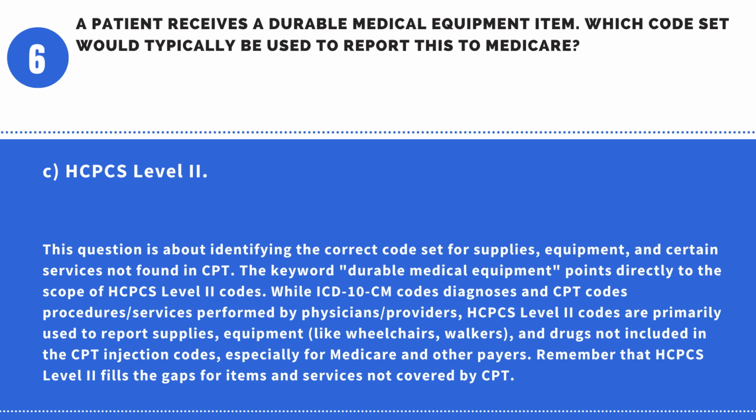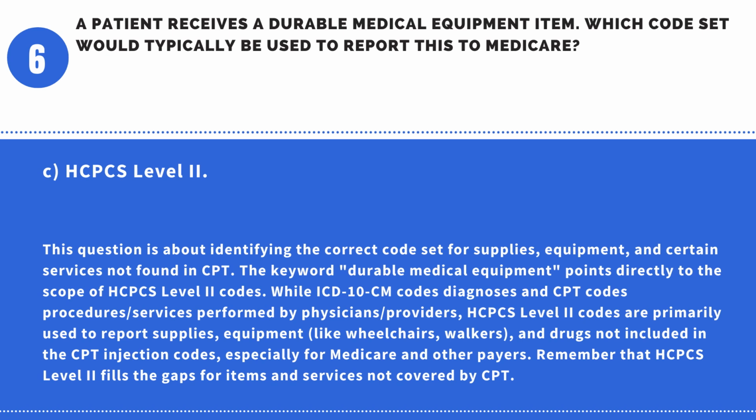Answer: C. HCPCS Level 2. This question is about identifying the correct code set for supplies, equipment, and certain services not found in CPT. The keyword durable medical equipment points directly to the scope of HCPCS Level 2 codes.